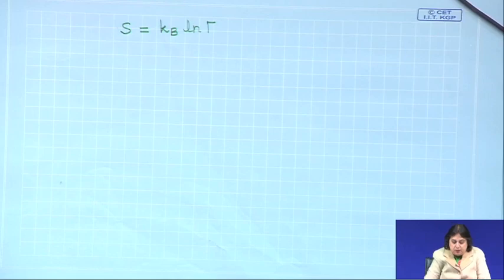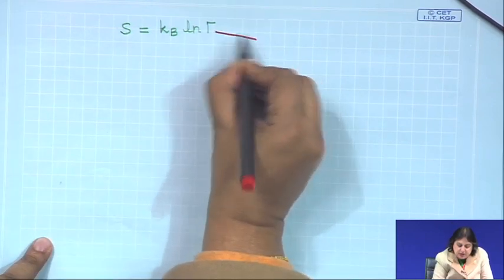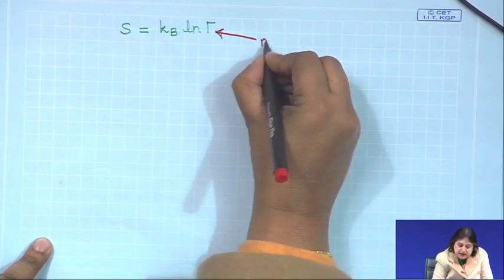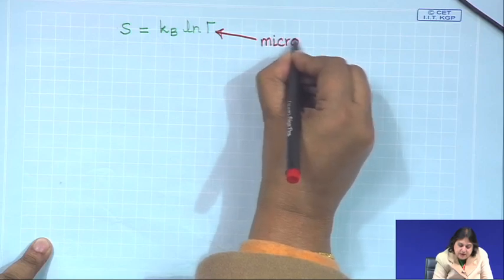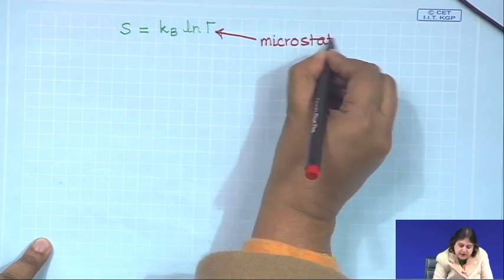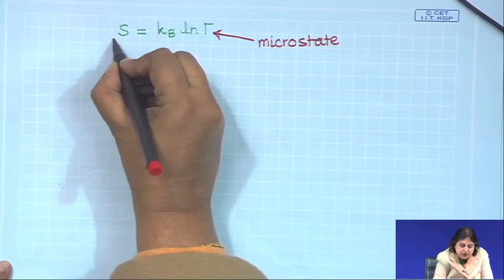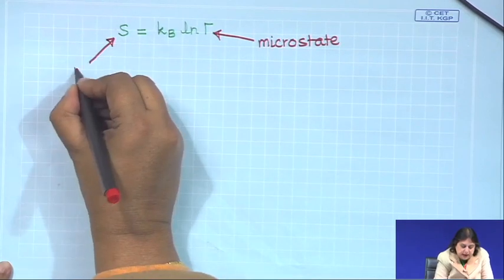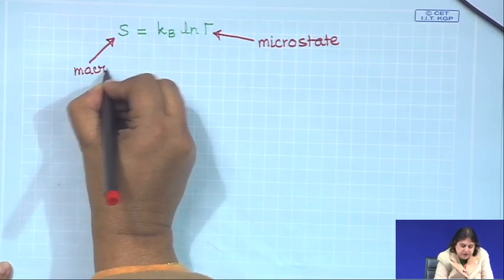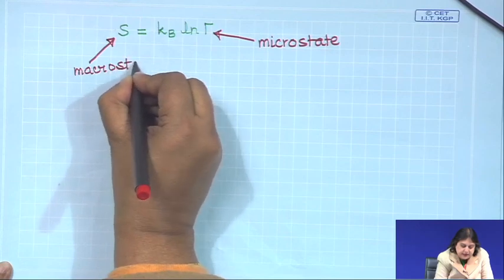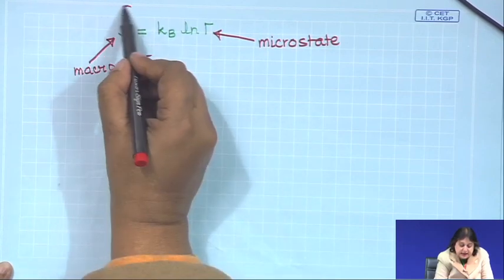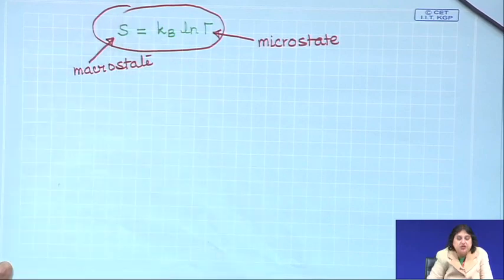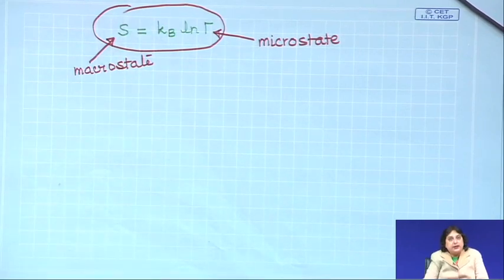Now, all the information regarding the microstates is contained within this factor gamma, and all information regarding the macrostate is contained within the entropy S, which means that this gives us a bridging relationship between the macro and the microscopic length scales.